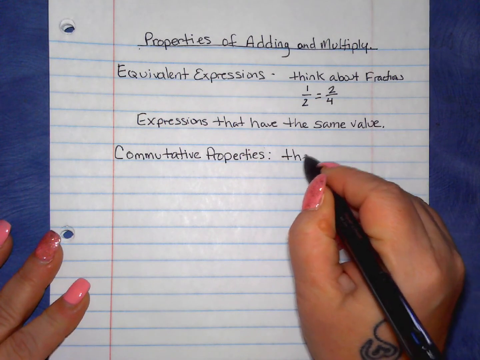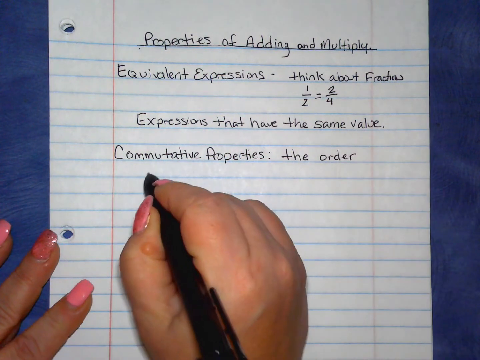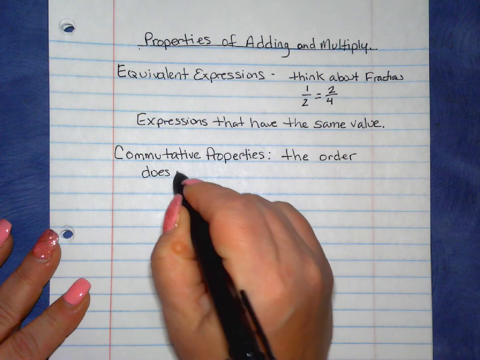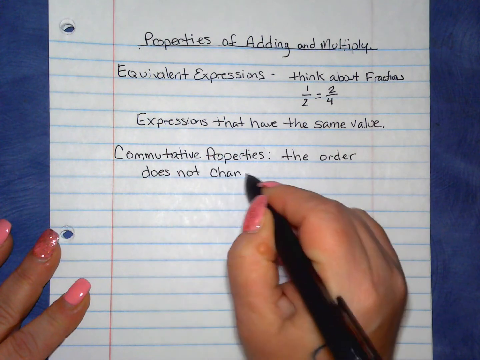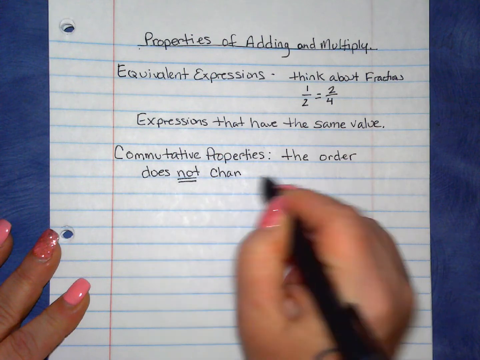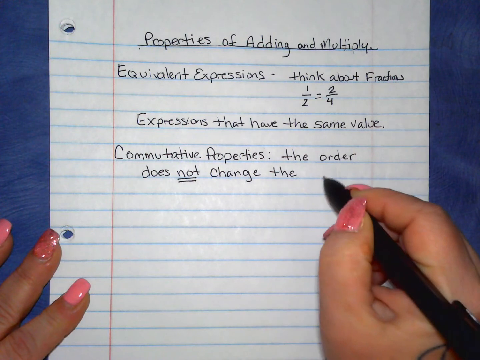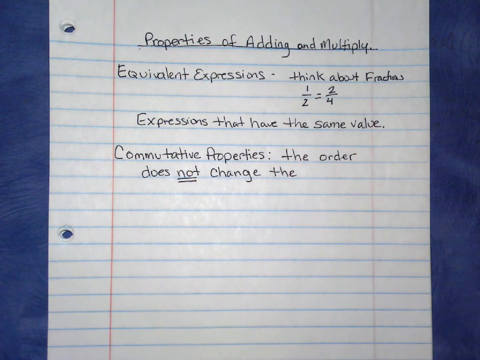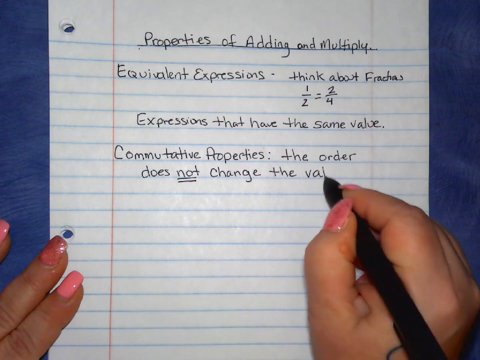But the order does not change the value. And underline that not. It does not change the value. So when we commute a number, we move a number, it's not going to change the value of the expression. Okay.